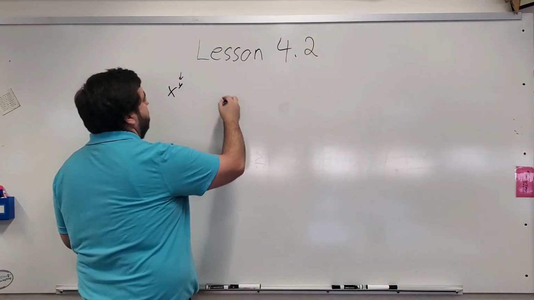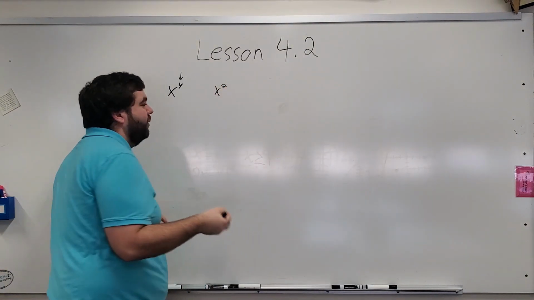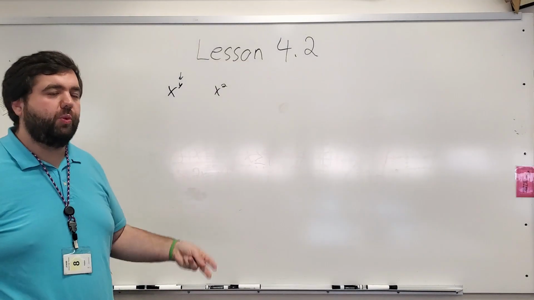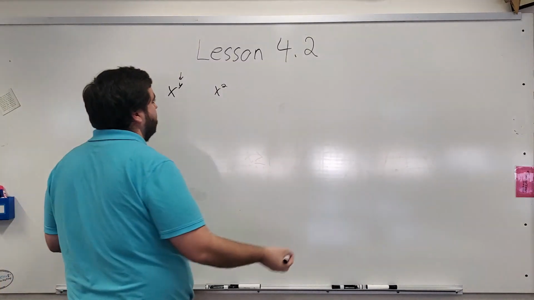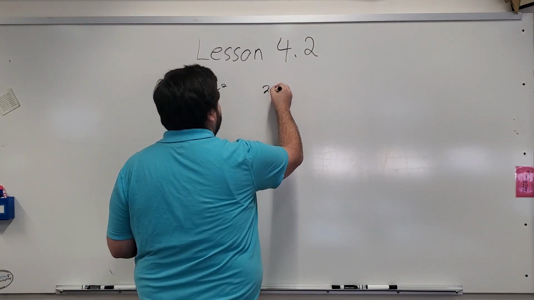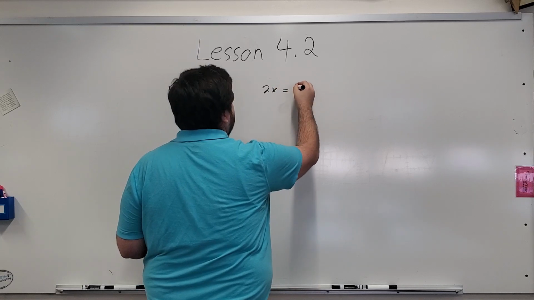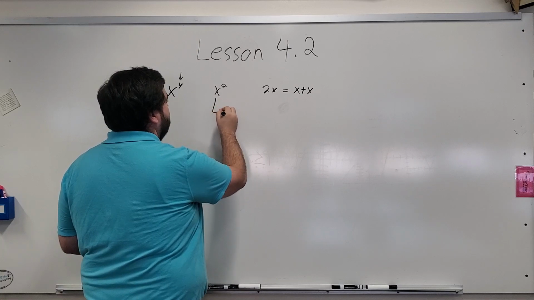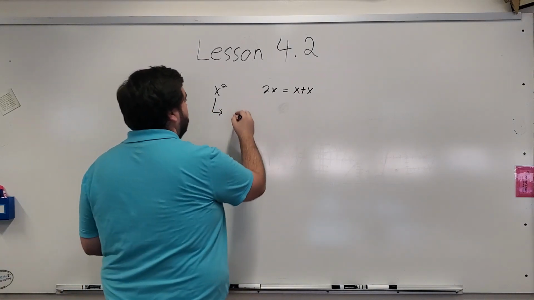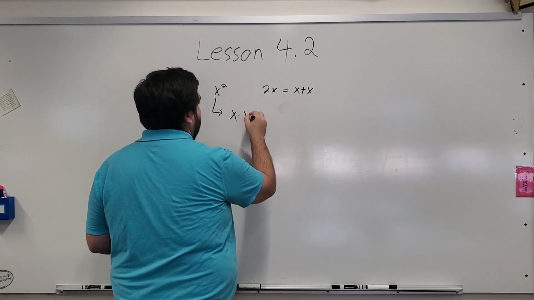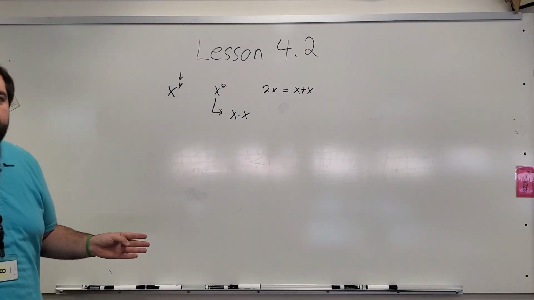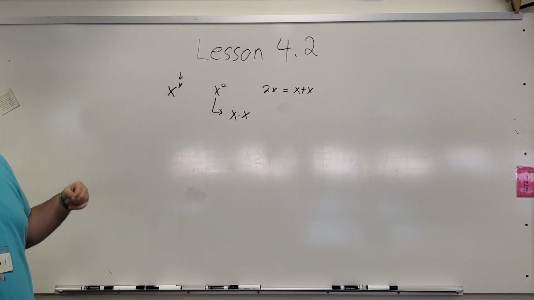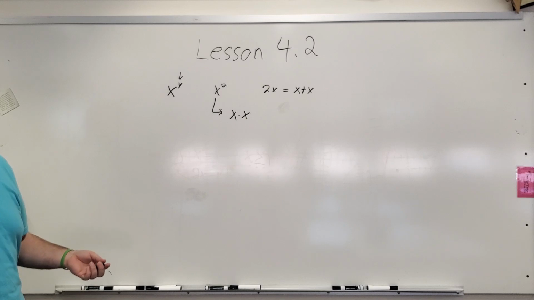So a classic example is x squared. What does that mean? Well, just like 2x is repeated addition where it's x plus x, this is repeated multiplication. So it's x times x. Okay? And that's the basics of what an exponent is.